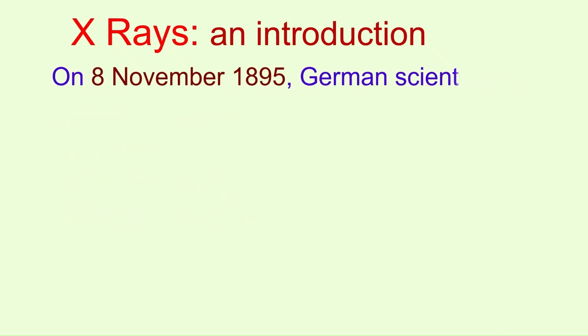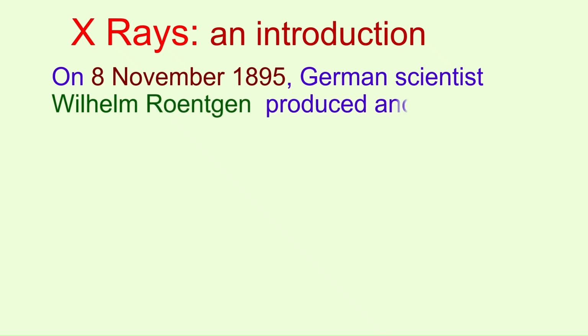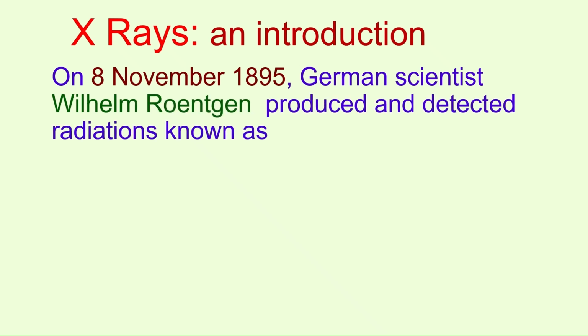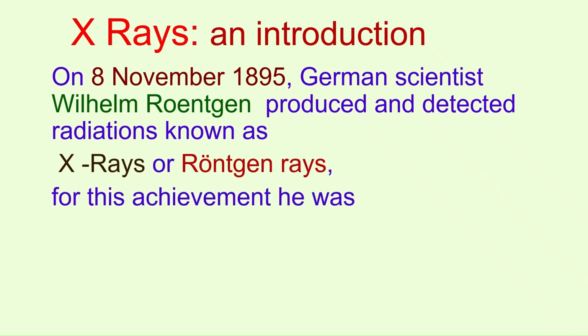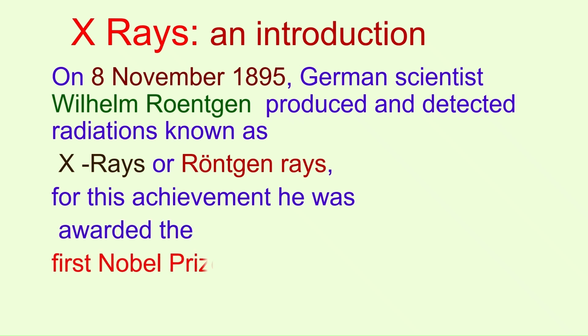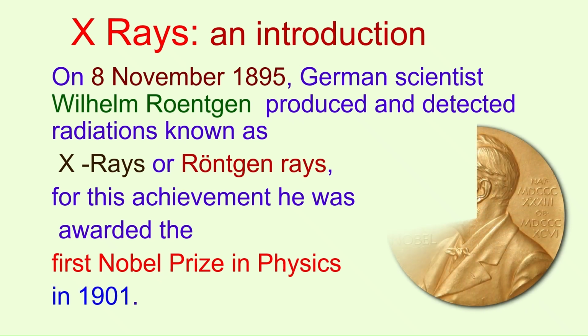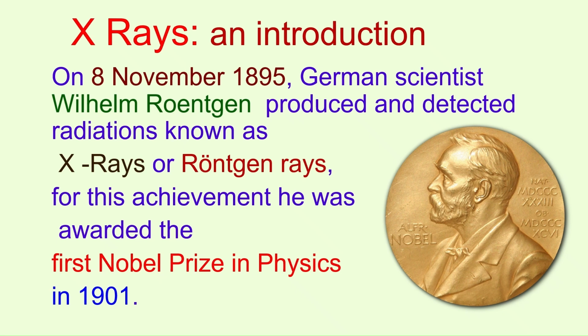On the 8th of November, 1895, German scientist Wilhelm Roentgen produced and detected radiations known as X-rays or Röntgen rays. For this achievement, he was awarded the first Nobel Prize in physics in 1901.